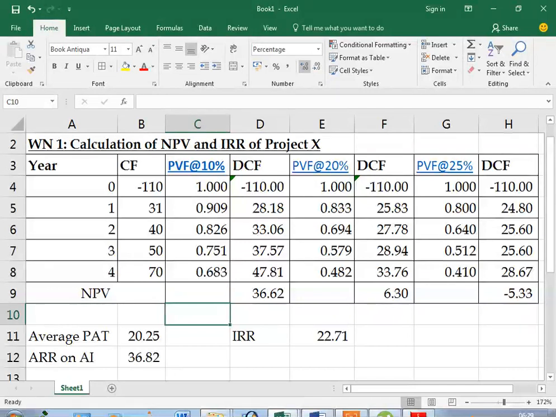Now we will have to repeat the same thing for project Y. First let's calculate NPV and then we'll increase or decrease the rate.